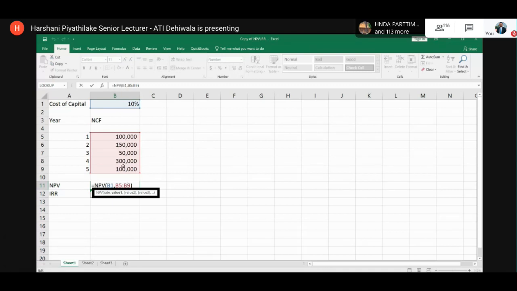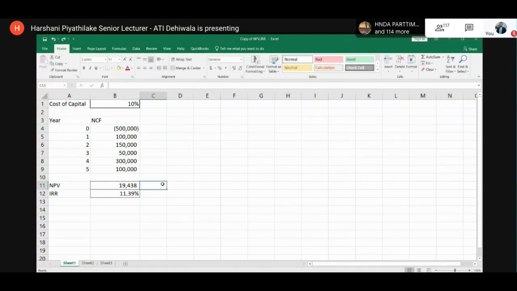No need to add back 500,000 again, because there is no cash outflow in the present situation. Understand? Yes, madam. Thank you. Okay. Any other question regarding IRR, NPV?